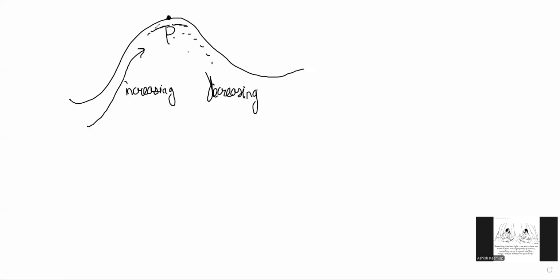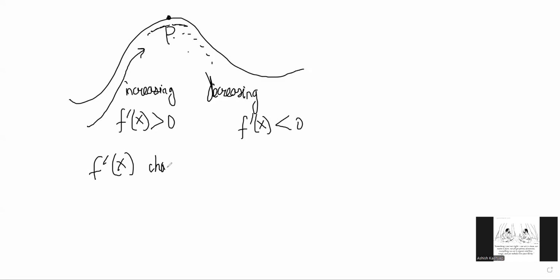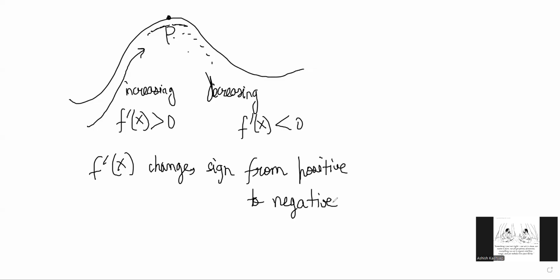It's a local maxima because the function goes from an increasing function to a decreasing function. So what we know is that the derivative was positive here, but it became negative here. So the derivative of the function, f dash x, changes sign from positive to negative. And you can see visually that that will be a point for local maxima.